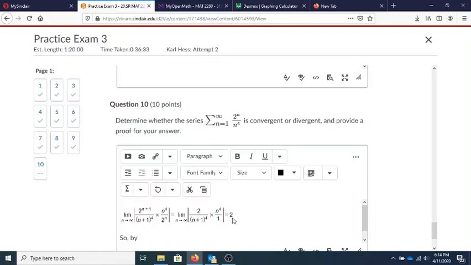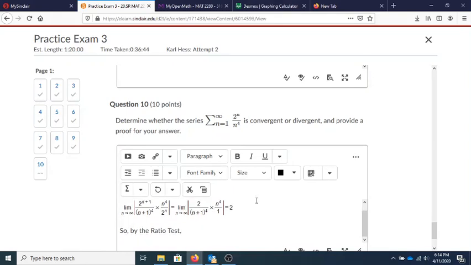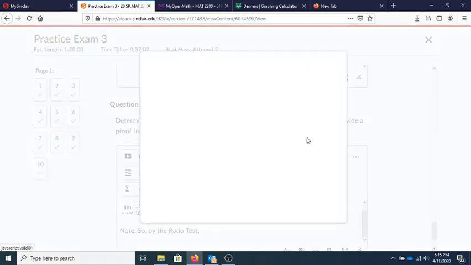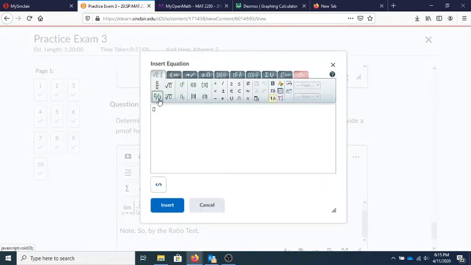So by the ratio test, there's not really a lot of conditions to check for the ratio test. The only condition is that none of the terms are 0. So we could toss that in there. Note, we'll type up our nth term there.